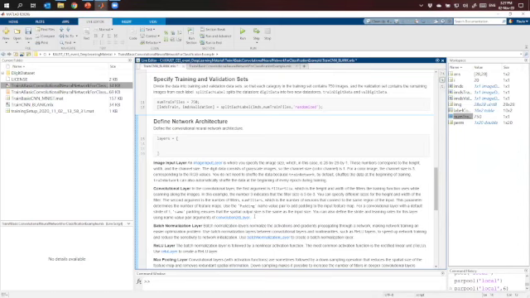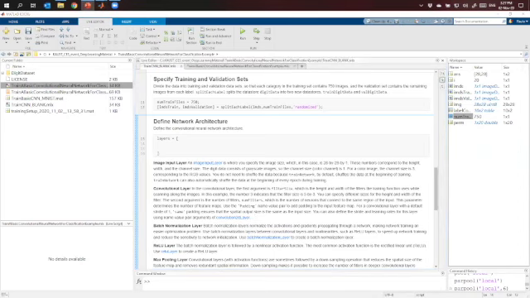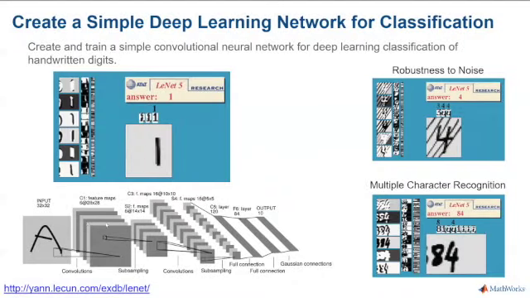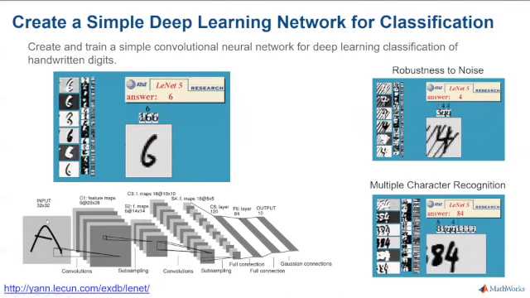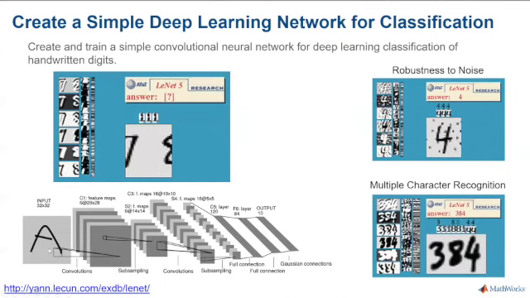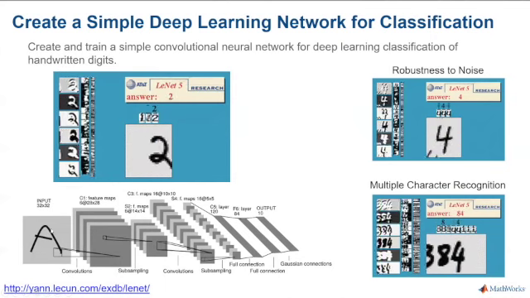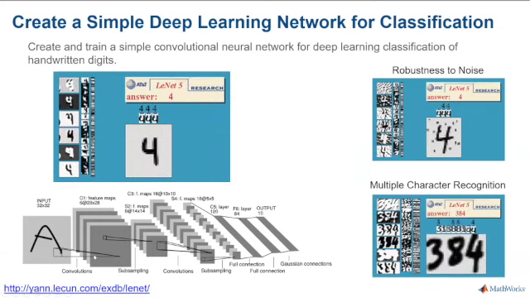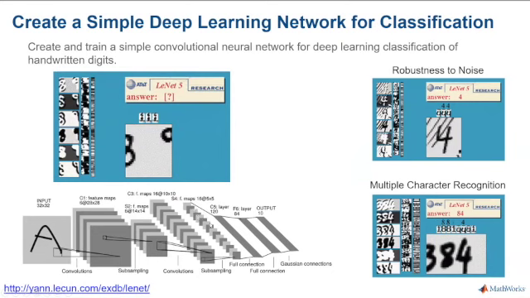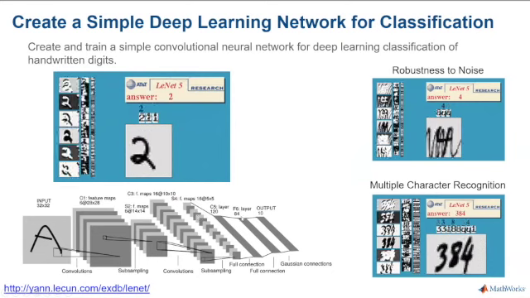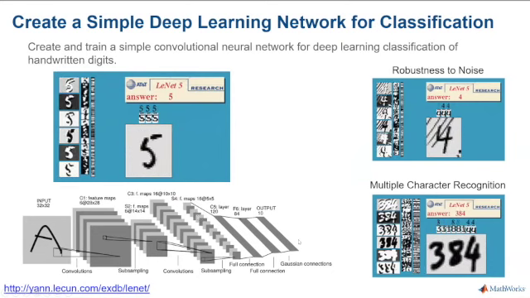So the first layer, we're trying to build this network. We have the input image, then convolution, sampling, convolution, sampling, convolution, full connection, and output.